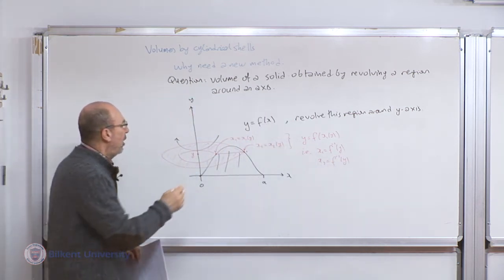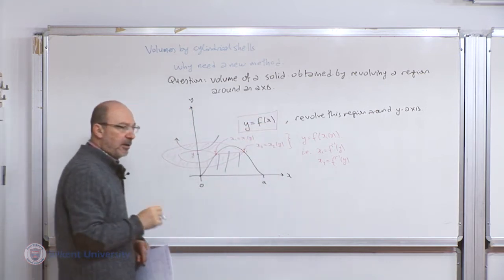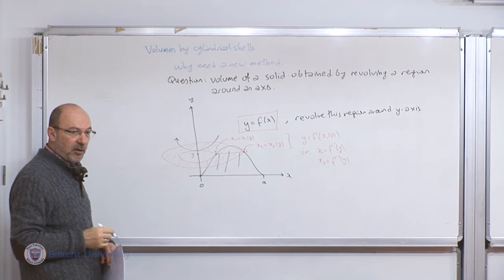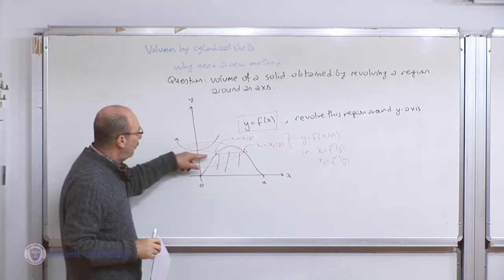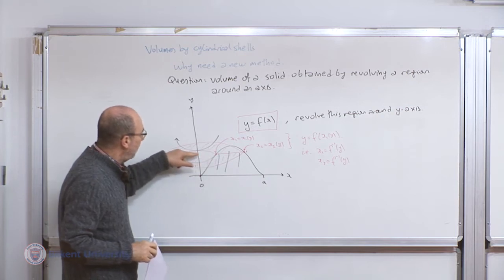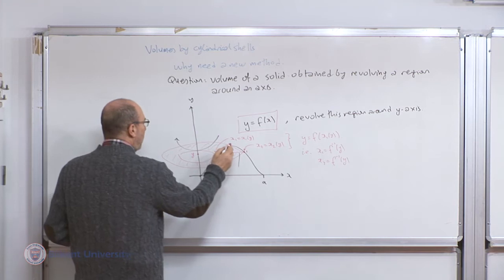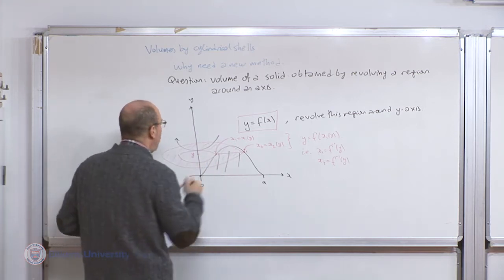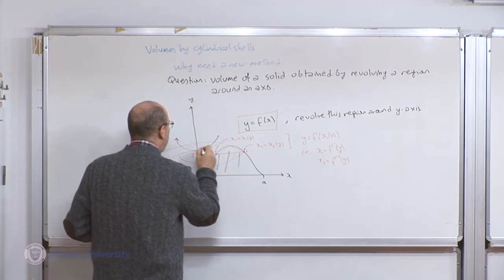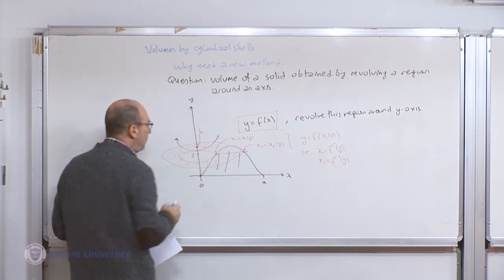So you have to solve this equation for x. It will give you several solutions, and you will choose the appropriate ones: one of those solutions will give you this height, the other solution will give you this height. You will also find this top point, so you will integrate from here to here. So let us say this is b.